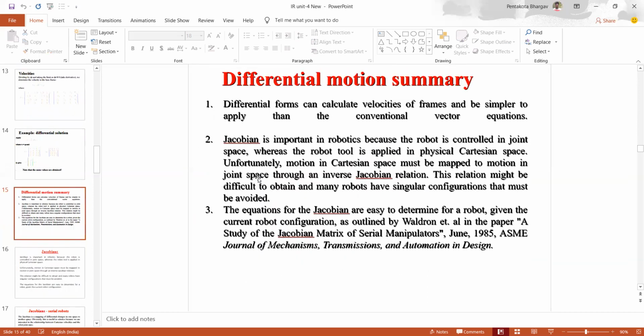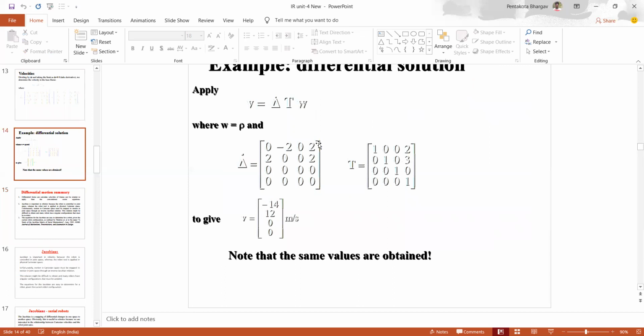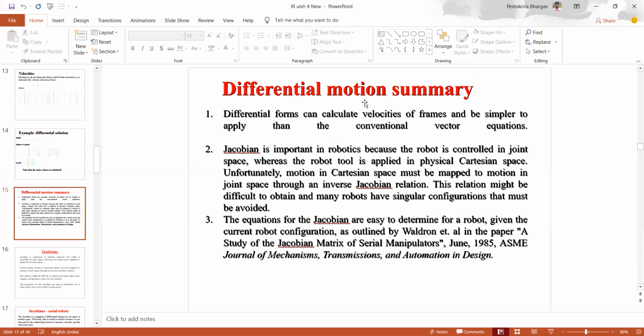Okay, thank you. Next you can go to the next session and discuss the differential motion summary. What differential means is that most of the differential methods will be used in this technique. Nowadays you use the Jacobian method.